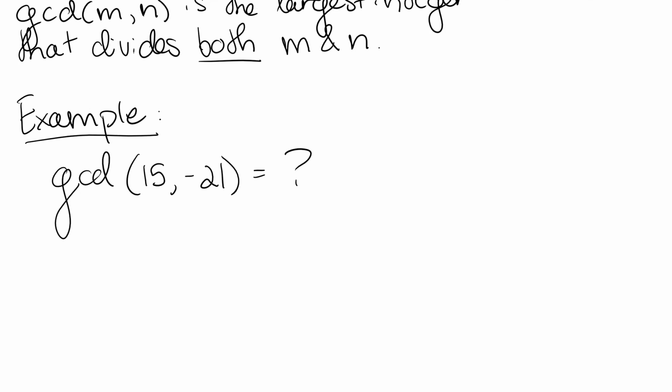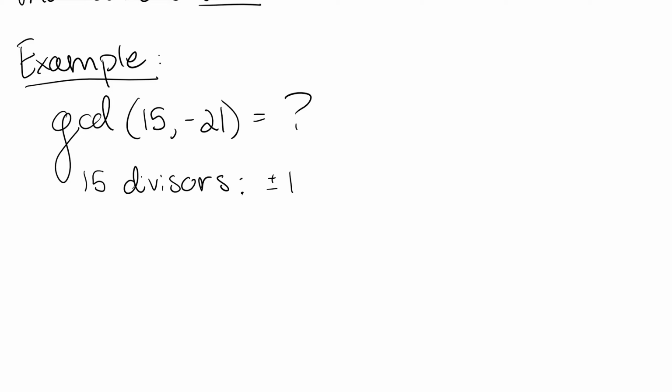Let's only list the positive ones, because of course we have like plus or minus 1, but 1 already beats that, right? So if positive 1 divides both of them, and negative 1 divides both of them, well, 1's going to win, right? So let's just list the positive ones right now. So 1, 3, 5, and 15, okay?